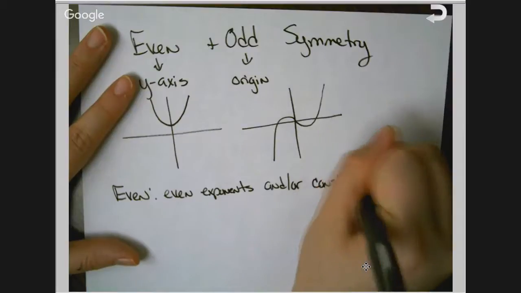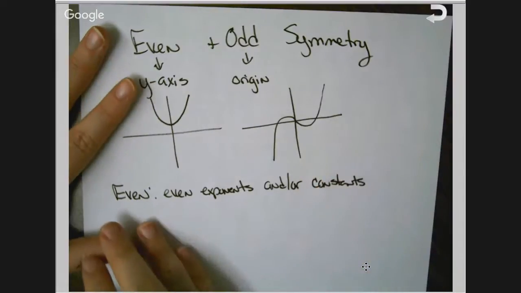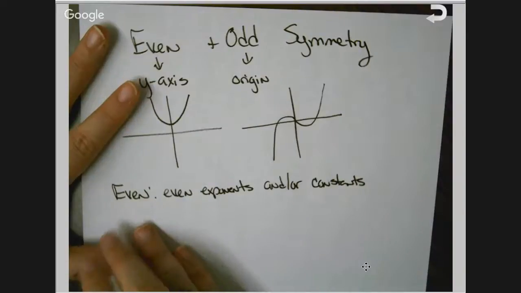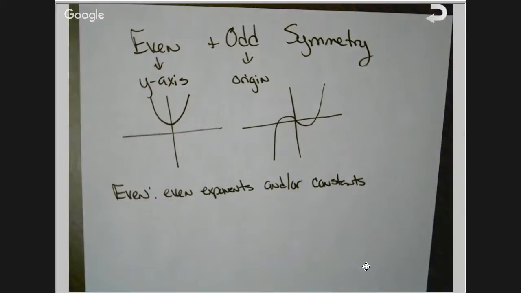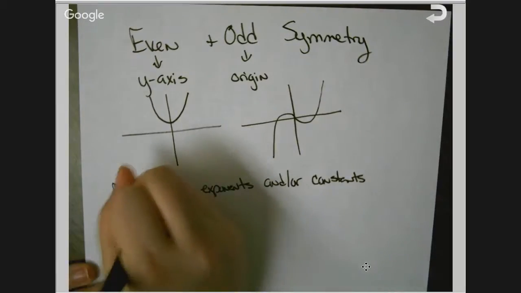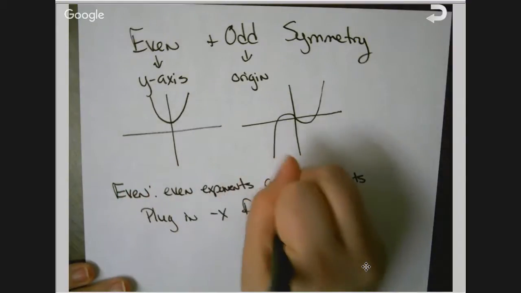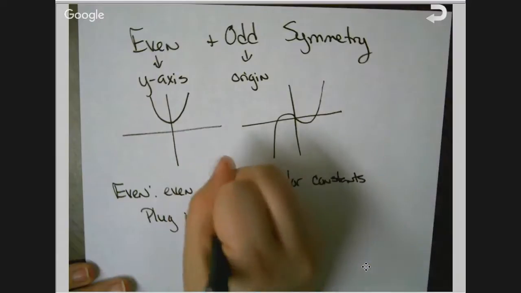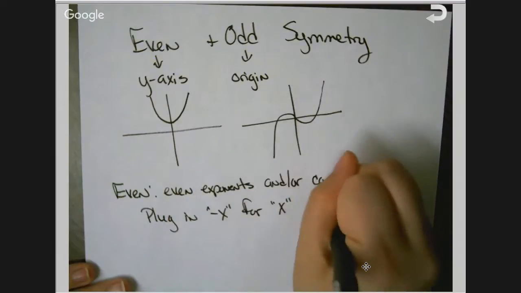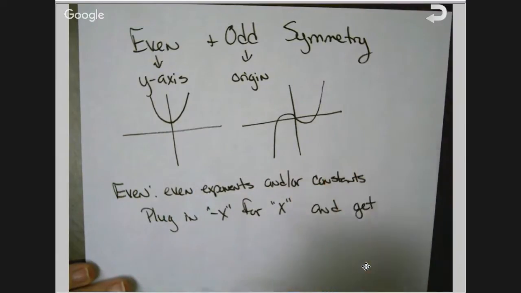Remember, constants are just numbers at the end. This little memory trick works because with evens, I should be able to plug in negative x for every x and get back the original function.